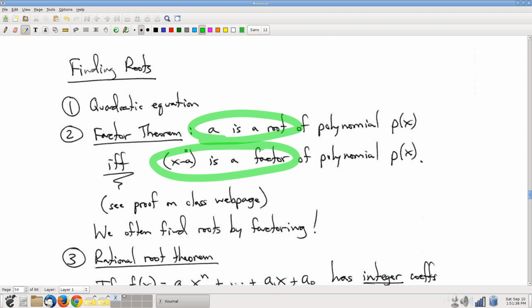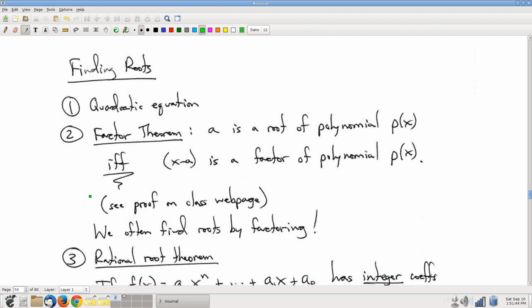And hopefully students have seen this before, perhaps under a different name, and if so, that's fine. I think it's a good idea for students to know how to prove this. I have the proof written up in a short PDF document on the class webpage. It's not a hard proof. It's accessible to a high school algebra student, really. And students should take a look and make sure to understand why this is true.